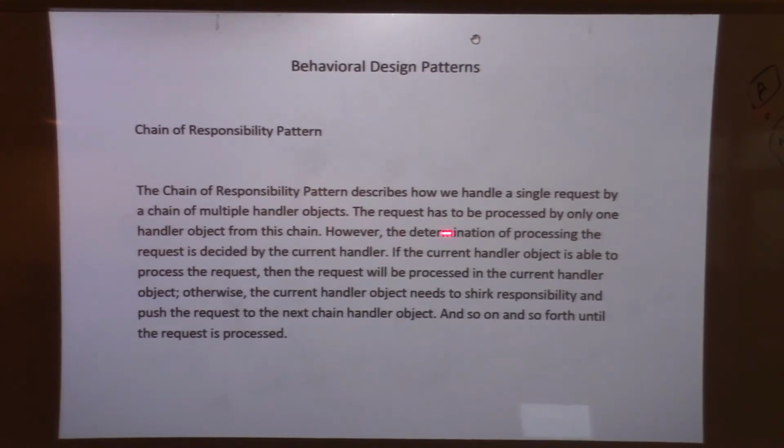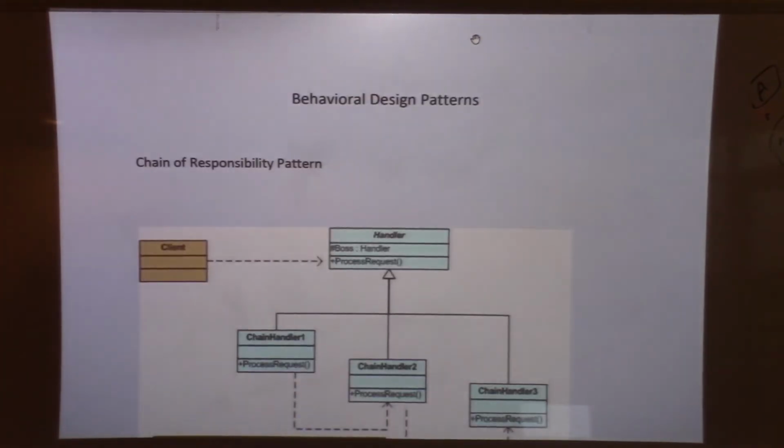However, the determination of processing the request is decided by the current handler. If the current handler object is able to process the request, then the request will be handled in the current handler. Otherwise, the current handler object needs to pass responsibility and push the request to the next handler, and so on and so forth until the request is processed.